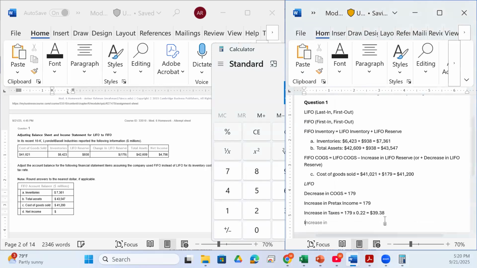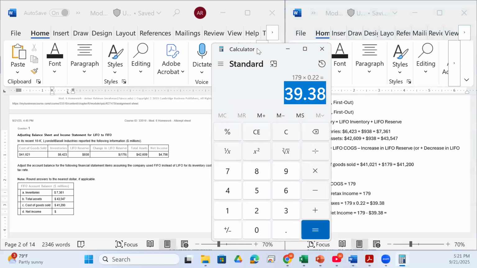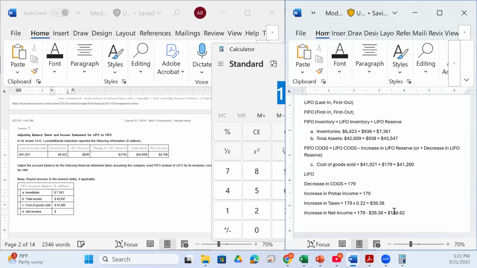As a result, our pre-tax income increased, taxes increased, so increase in net income will be the difference between these two, right? 179 minus this, which is 139.62. So that is the increase in net income under LIFO.